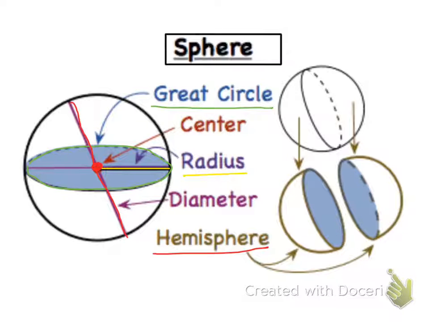You won't say semicircle, but on the top you will see a circle, which is a cross section, and it divides the sphere into two halves. That is called a hemisphere. All right, let's move to the next one.